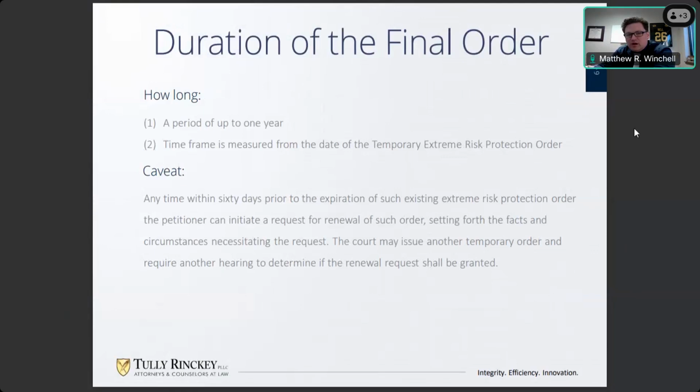That becomes a real problem when somebody's being 941, like wrongly 941, they then have to go back and fight again as to why that order shouldn't be extended for another year. And it just becomes, it's very cyclic.